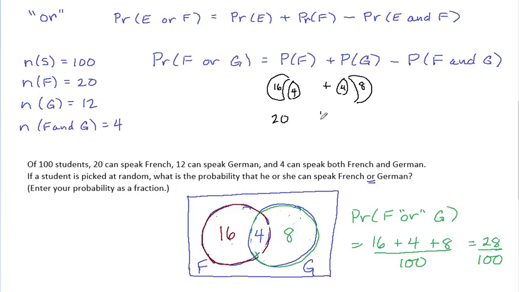Now if I just added those together, I would get 32. But see how it counts those 4 students, the bilingual students, it counts them twice. So we have to subtract off that extra part that got counted twice. And that's why it comes down to 28. Okay, and that's all out of 100.